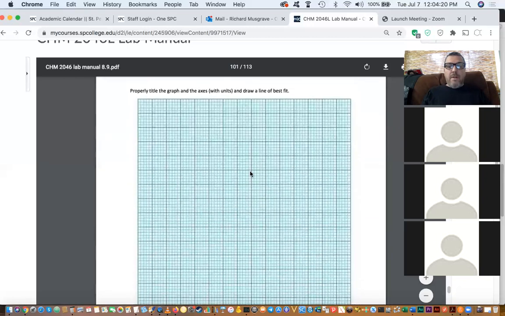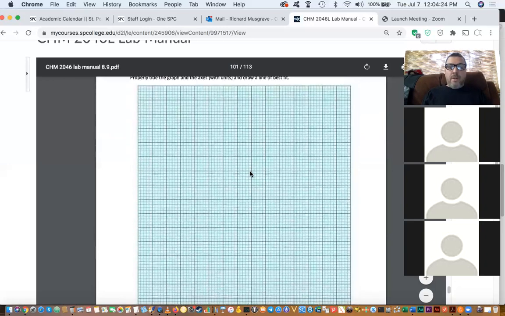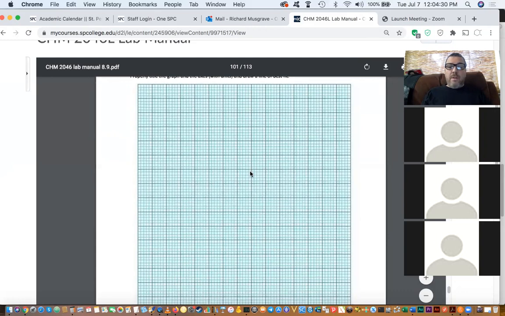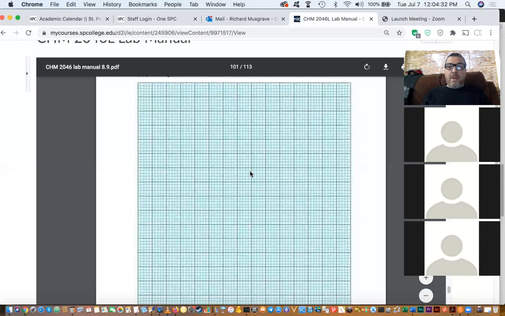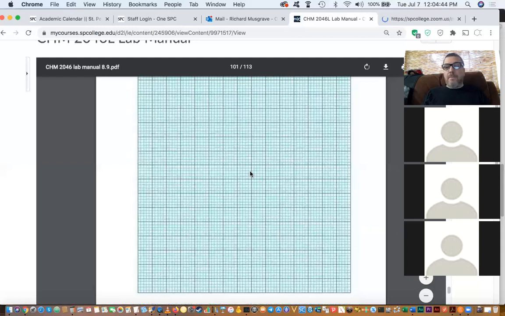You'll have to print this out, or if you have this kind of graph paper, just use it. You can't do the graphs on Excel. They need to be hand drawn, which means you do them on here, then you sign across them, and then you can upload them.